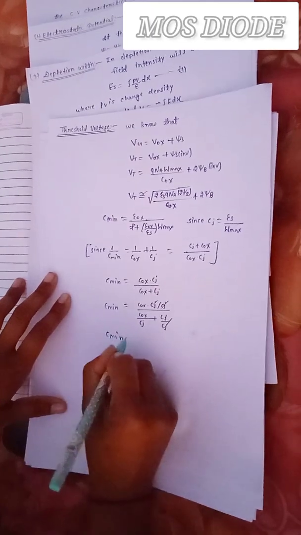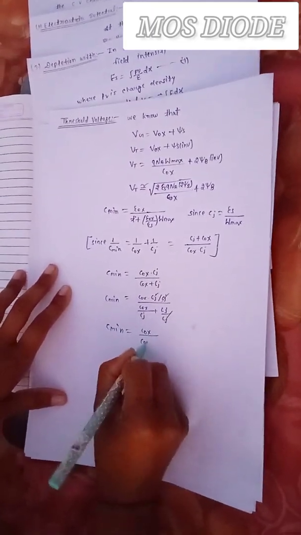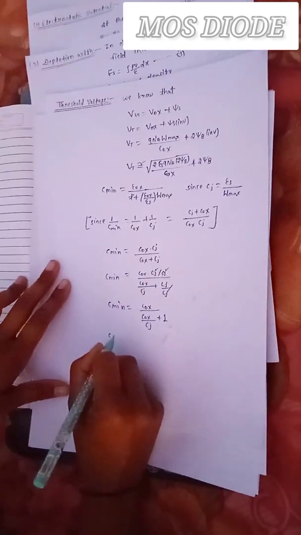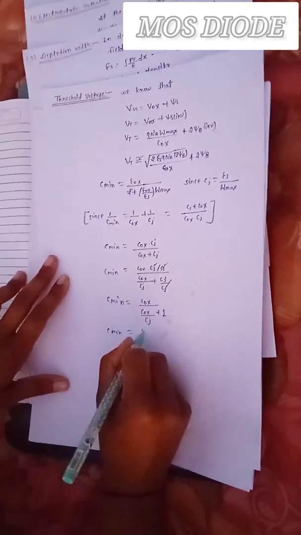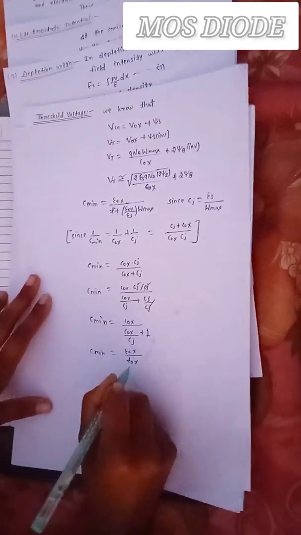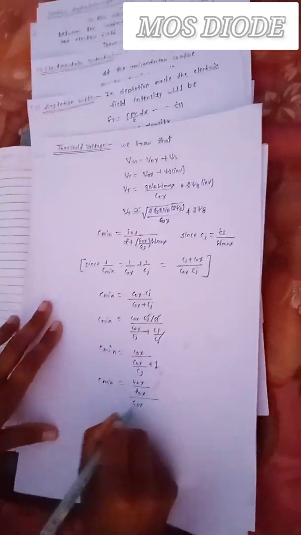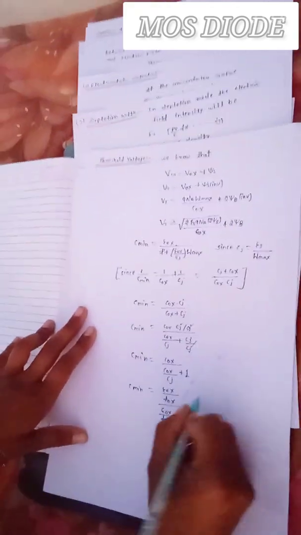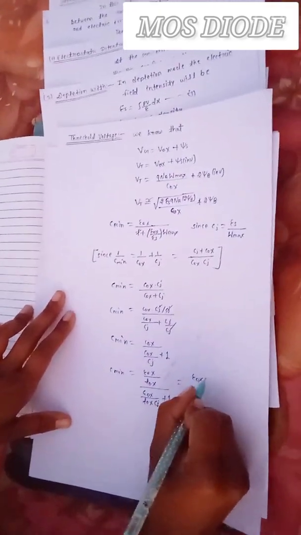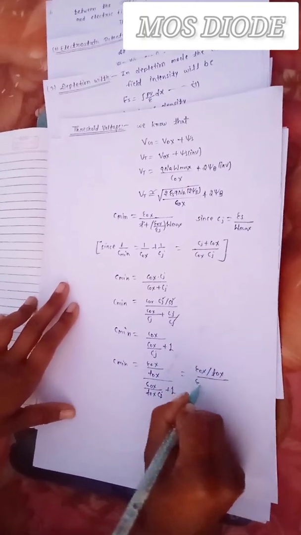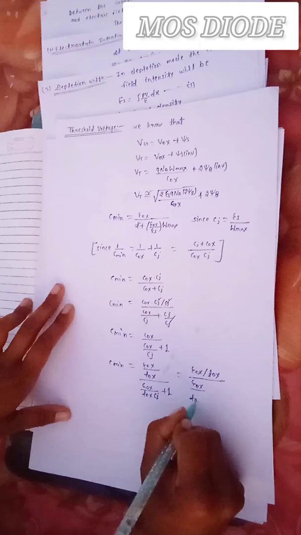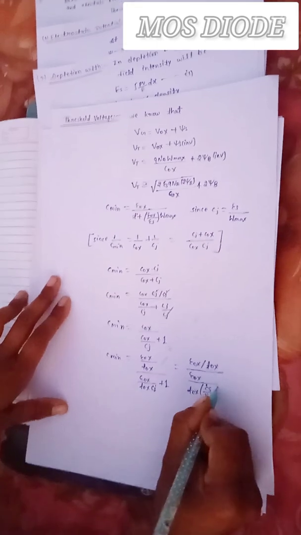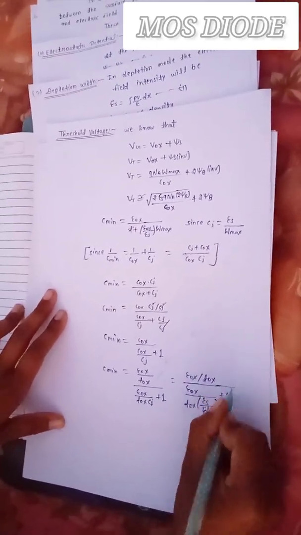So then C minimum is equal to C ox upon (C ox upon Cj plus 1). Then the value of C ox is epsilon ox upon T ox, so C minimum is epsilon ox upon T ox upon (epsilon ox upon T ox into W maximum upon epsilon s, plus 1).